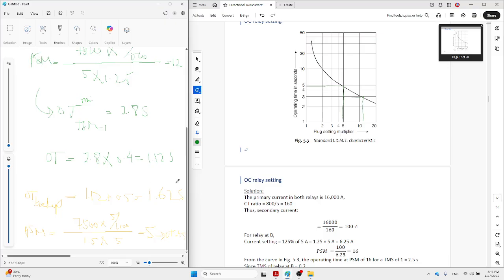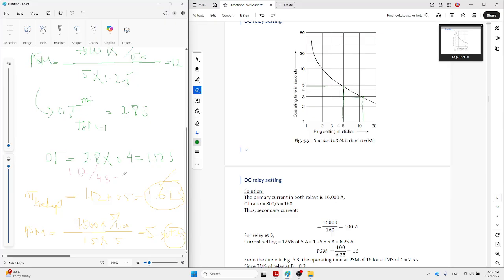Then the TSM: since this one is the real operating time, and this one is given by TSM equal to 1, what is the correct TSM for this relay? It is 1.62 divided by 4.8.